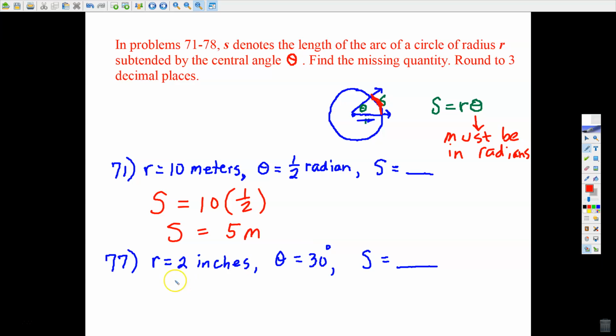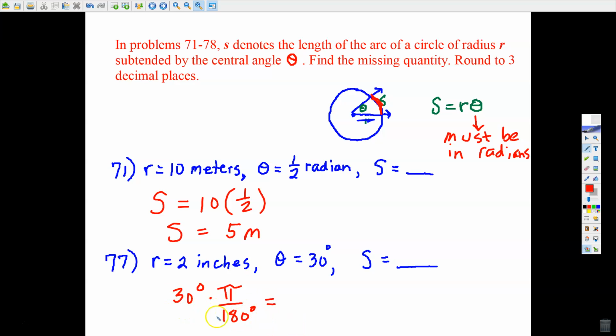Okay, 77 is an example, like I said earlier, where theta is given in degrees. So we learned yesterday how to take degrees and convert them into radians. Somebody tell me how I can take 30 degrees and change it to radians. Pi over 180 degrees.